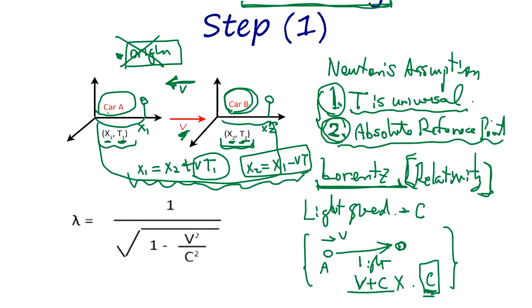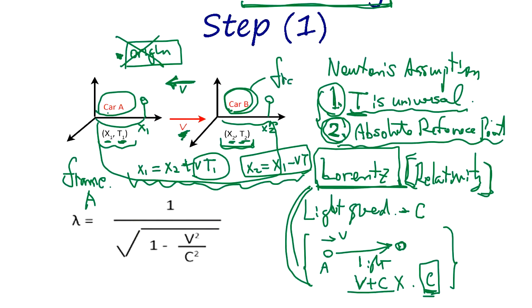So Lorentz tried to take care of this, and in order to do so, t has to be independent from coordinate 1 and coordinate 2. This is called a frame. The observer in car A is frame A, and this is called frame B. Okay, so he successfully did this coordinate conversion so that everybody is on equal footing.